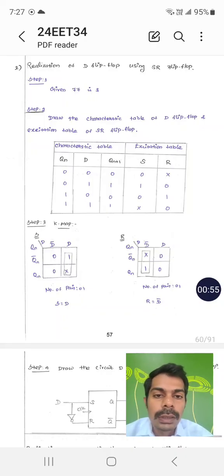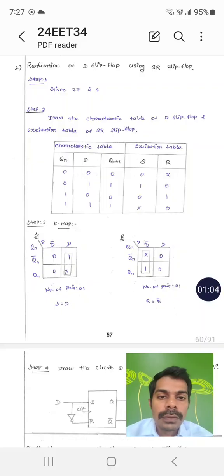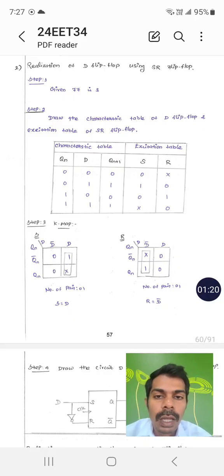For 0, 0, that is Qn 0, Qn plus 1 0, we compare with the excitation table of SR flip-flop, and the output of SR is 0X. For 0, 1, taken from the characteristics table, the corresponding output in the excitation table of SR flip-flop is 1, 0. Likewise, we compare the characteristics table and excitation table, writing 0, 1 and the don't care condition, that is X.